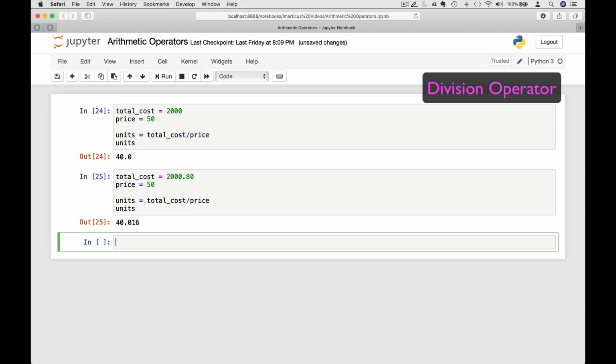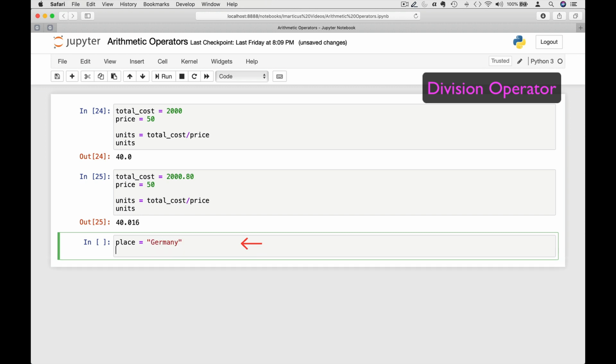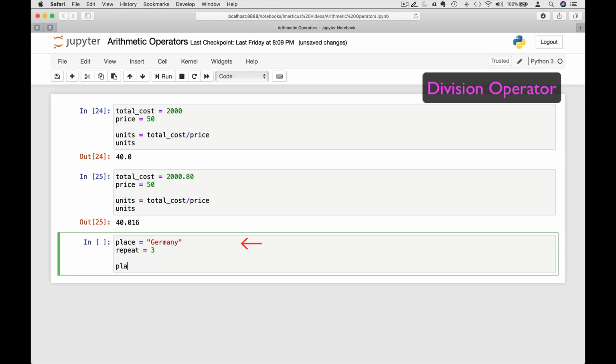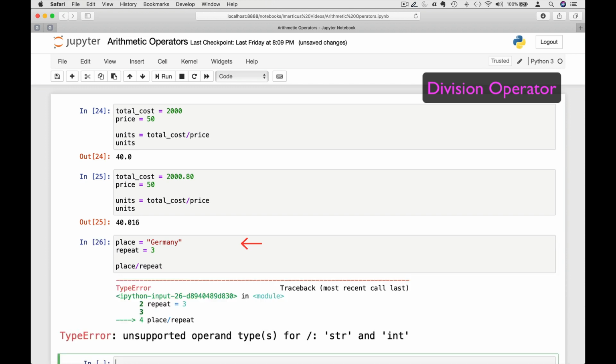Can division be applied on a string variable? Let us see. We say place is equal to Germany, and we say repeat is equal to 3, and we say okay, place divided by repeat, and we see that it gives an error because it does not make any sense to divide a string by some numbers.